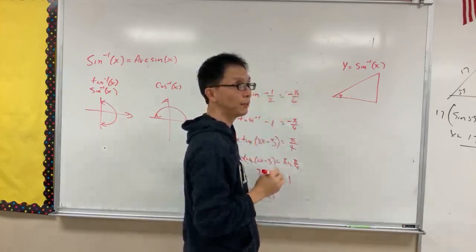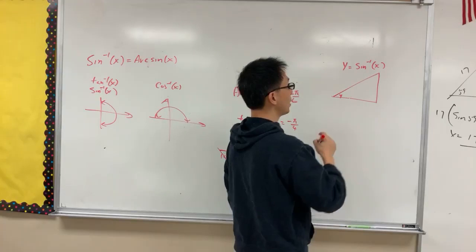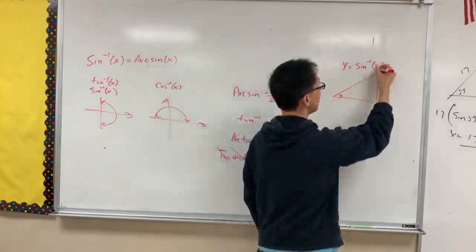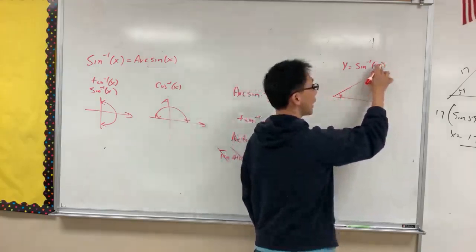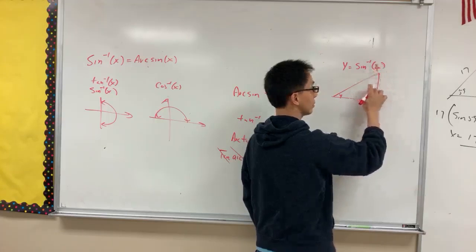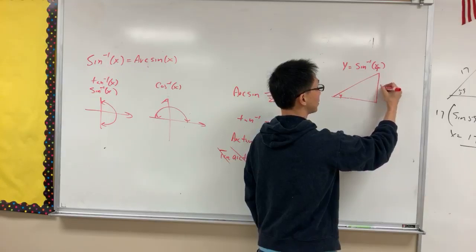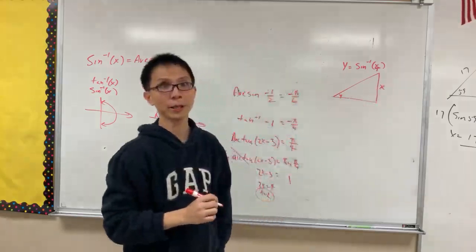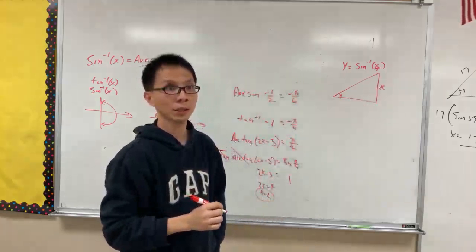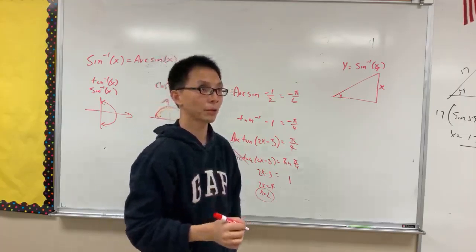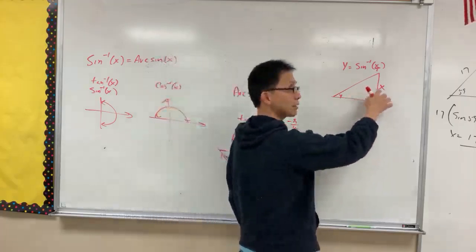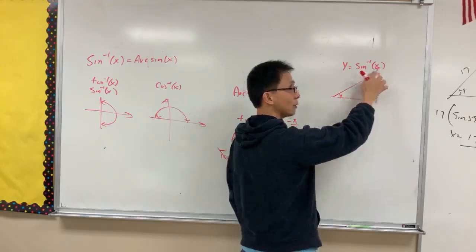And this is x over 1, so x is what? Opposite, right? You did this in pre-calc, I'm pretty sure. Yep, this is x. Hypotenuse is what? 1.